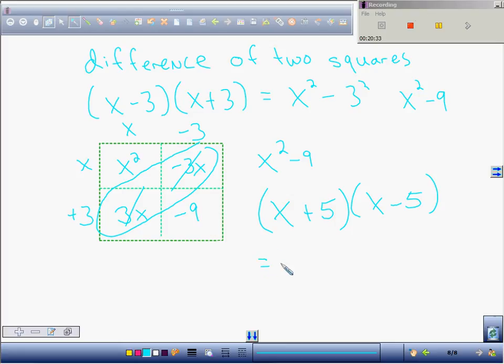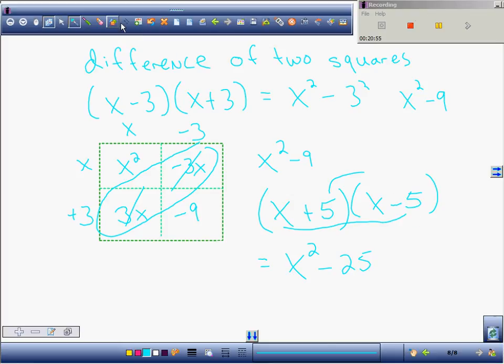What's this going to be equal to? Yes, Freddie. X squared minus 25. That's it. If one is a positive and one is a negative, and otherwise they're both the same, then that just becomes x squared minus 25, because the middle terms, plus 5x and minus 5x, cancel out.